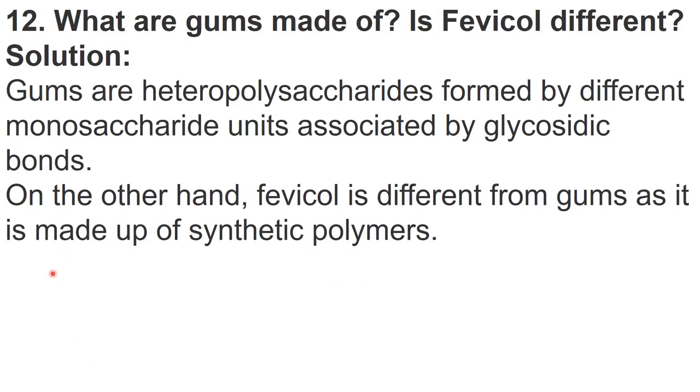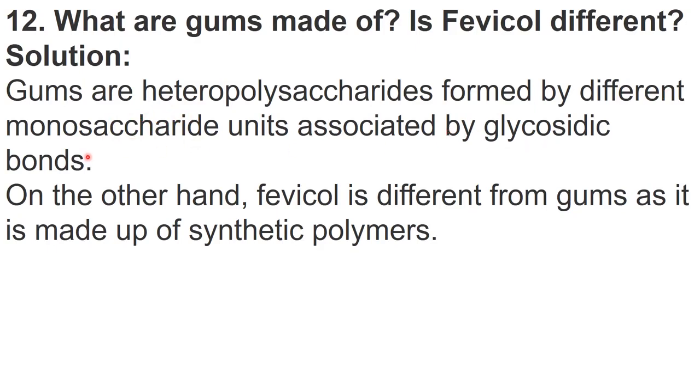Now this is question number 12 of NCERT: what are gums made of, and is Fevicol different from these gums? The answer is gums are heteropolysaccharides. Heteropolysaccharides means these are formed by different monosaccharide units. Hetero means different monosaccharide units will be there, associated by glycosidic bonds.